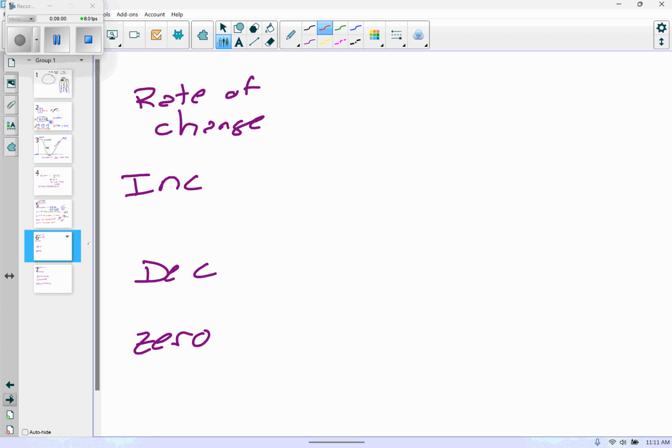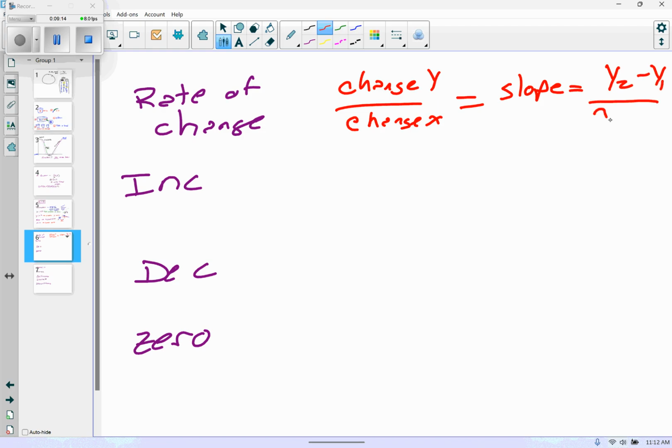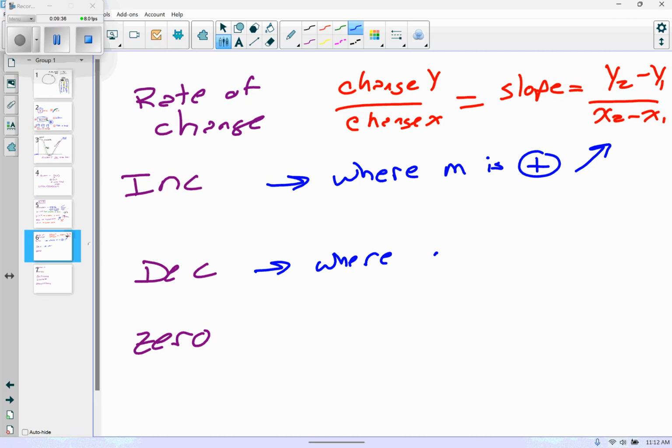Rate of change is the change in y over the change in x, which is listed. This is the slope. Increasing is where the slope is positive, so going up. Decreasing is where the slope is negative, so going down.